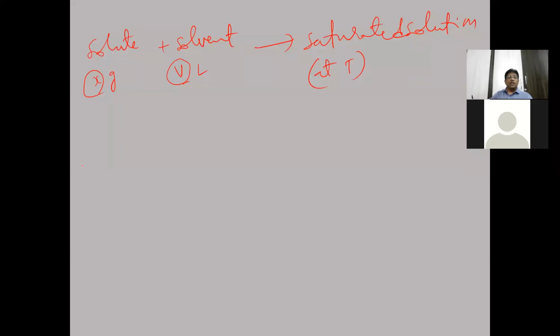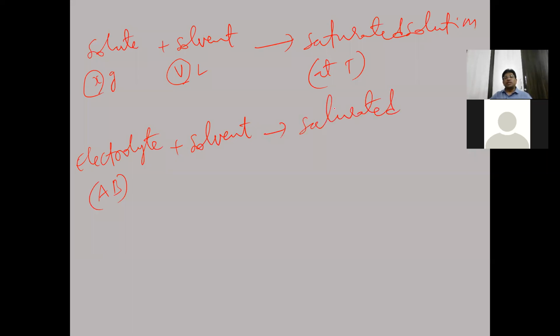Suppose we are dissolving an electrolyte AB. When the electrolytic solute is dissolved in a given volume of solvent, we get a saturated solution.